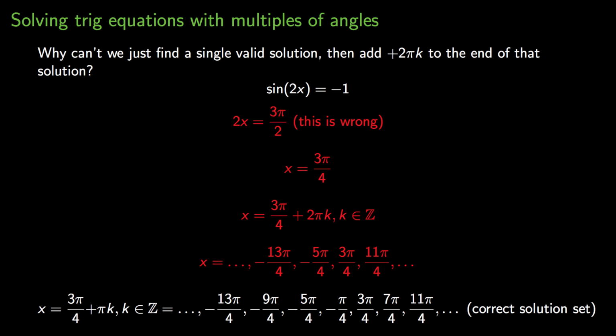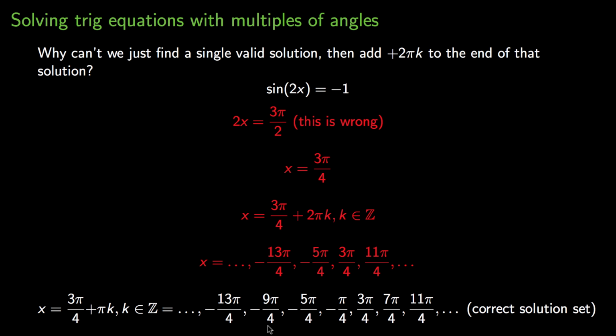Secondly, here's the correct solution set from a few slides ago, and I decided to write out all of the wrong solution set numbers in a list, and I have all of the correct solution set numbers in the list as well. And I want you to see that some of the numbers match, right? You have -13 pi over 4, you have -5 pi over 4, you have 3 pi over 4, but this wrong solution set actually misses fully half of the solutions.